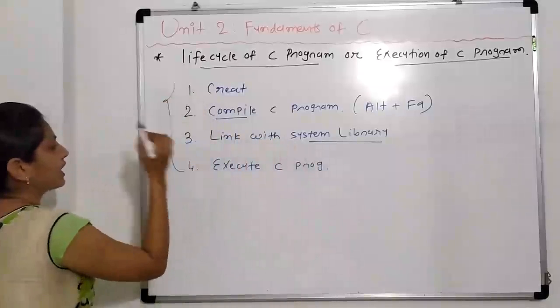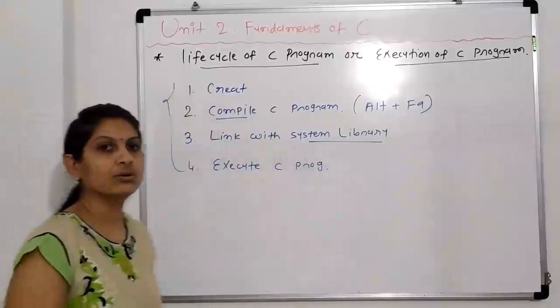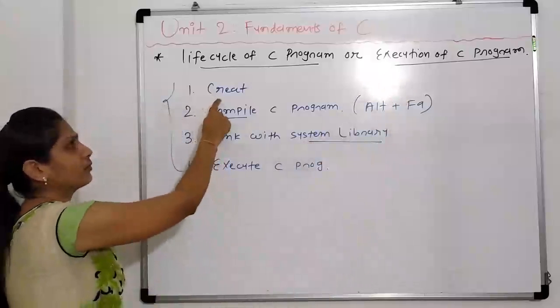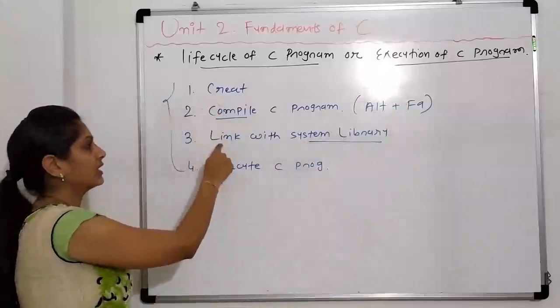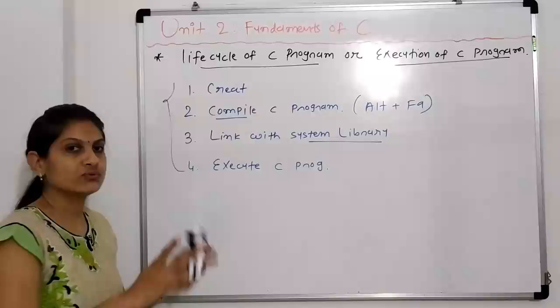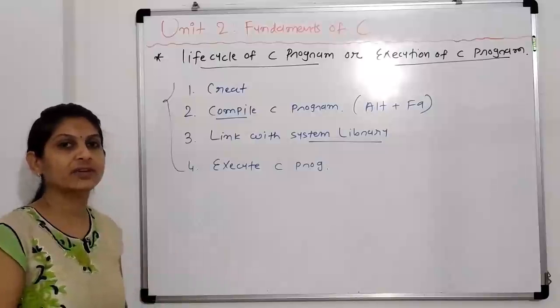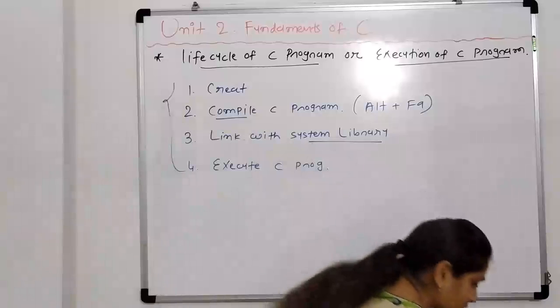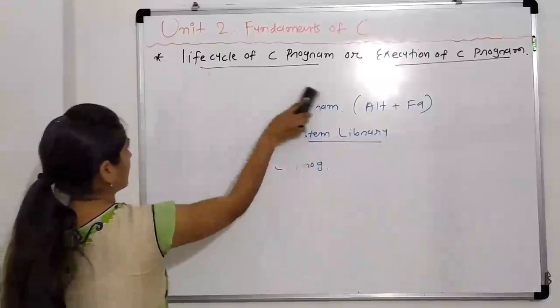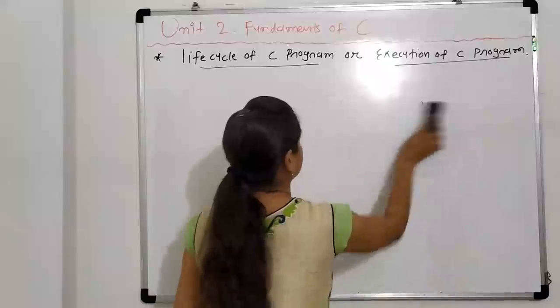So these 4 are the steps to execute a C program: first create program, then compile, then link, and then execute. Now these steps we have to draw in a flowchart with details. So let's start drawing the life cycle of C program.